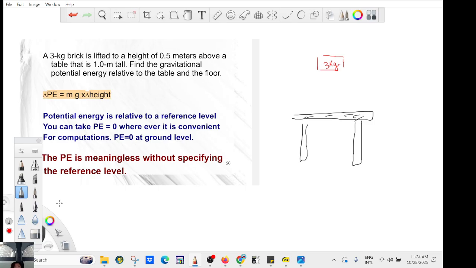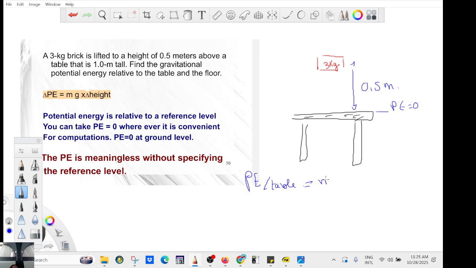A 3 kilogram mass. So relative to the table, the table here is 0.5. Okay, so the potential energy relative to the table here. So we say, let's say potential energy equals 0 here.